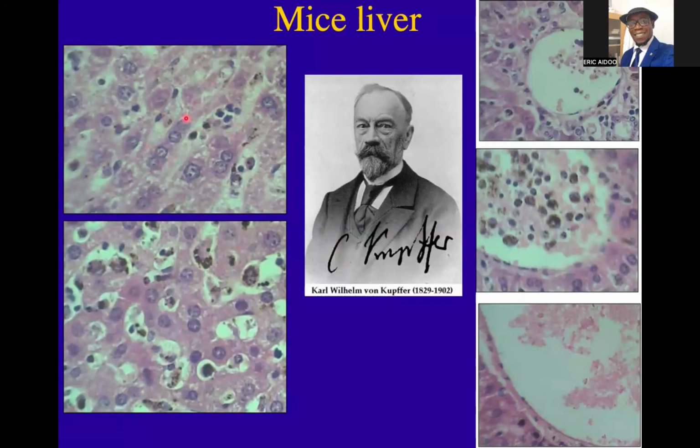These are my micrographs that I prepared during my master's level. These are mice livers that were infected with Plasmodium berghei, which is a specialized type of Plasmodium parasite that affects only rodents. So I infected the mice with Plasmodium berghei and I examined the liver.